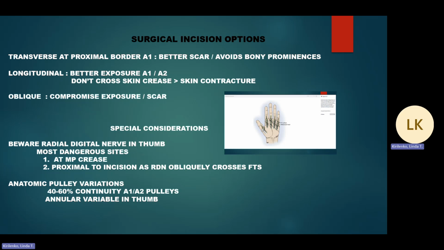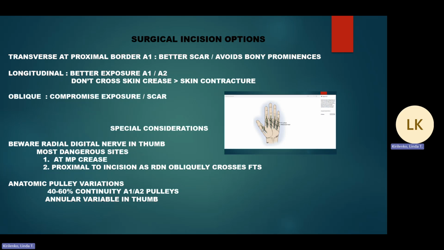Just make sure, as in any other procedure, that you don't cross the skin creases longitudinally to avoid possibility of skin contractures or scar contractures. The oblique incision is a compromise between exposure and scar.